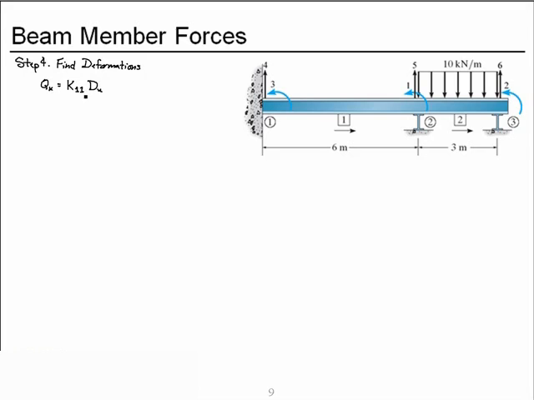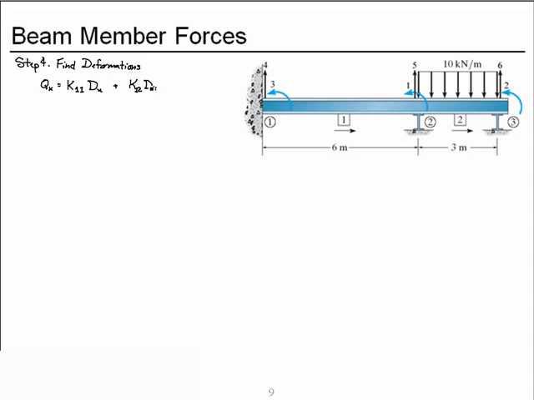K11 we identified previously. D sub U refers to our unknown deformations, and K12 dk, where this refers to the chunk of the stiffness matrix referring to forces at unconstrained degrees of freedom due to deformations at constrained degrees of freedom, and these are the deformations at the constrained degrees of freedom.